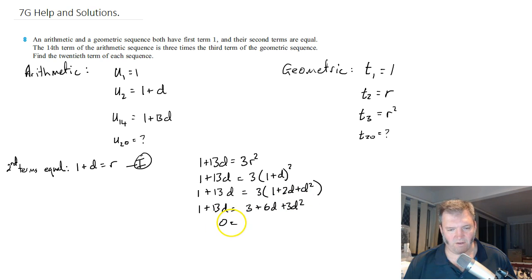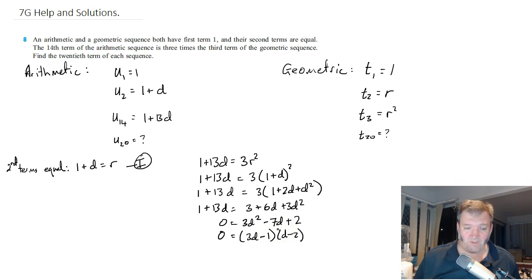Set it equal to 0, my D squared's on the right, so I'm going to get everything over there, so this is going to be 3D squared, 6D take away 13D is negative 7D, and 3 minus 1 is 2. Could end up with negative 7, that should be pretty easy, you can probably see it already. I'm going to have (3D minus 1)(D minus 2), that's going to give me negative 6D minus 1D is negative 7D, that's pretty good.